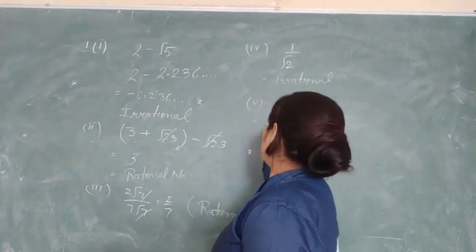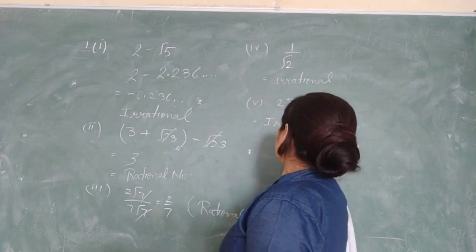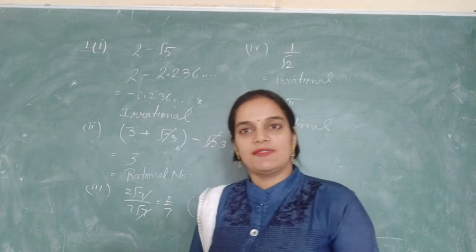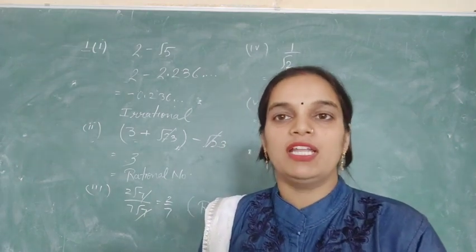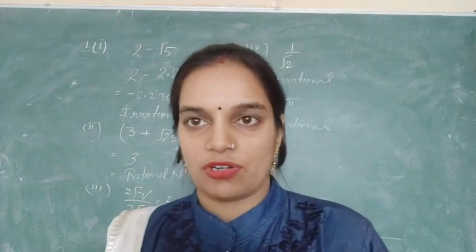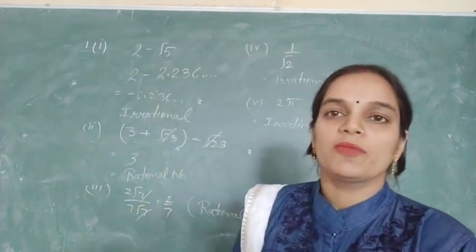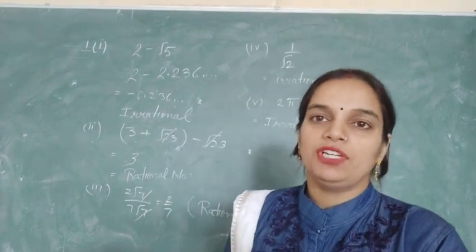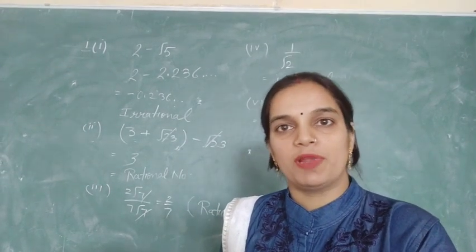So I will write here the result is irrational. In this way we will solve question number 1 and can tell whether all the numbers are rational or irrational. Now in question number 2, we have to simplify 3 plus root 3 and 2 plus root 3.